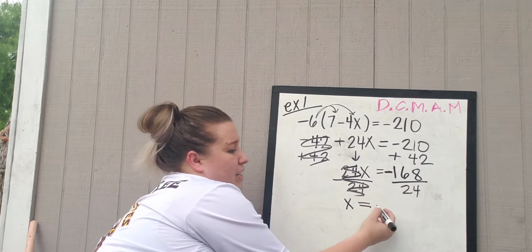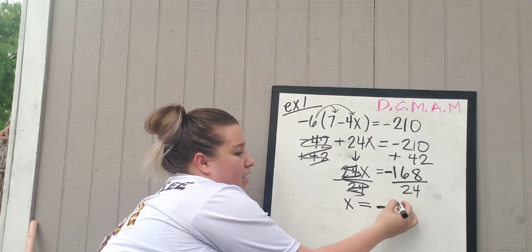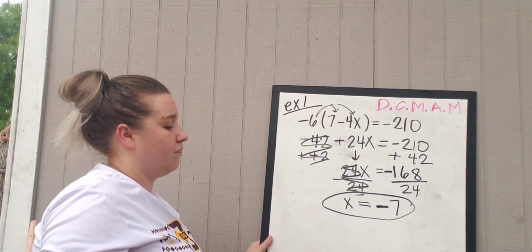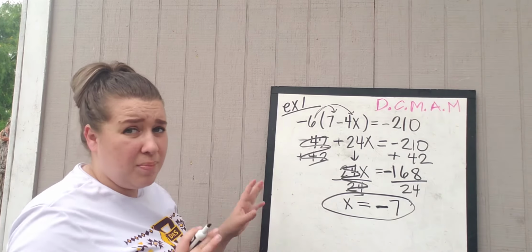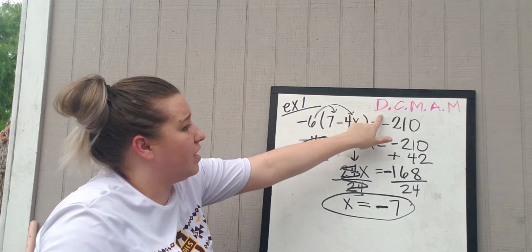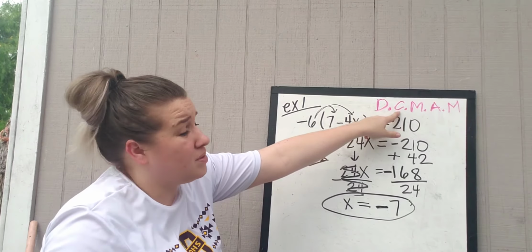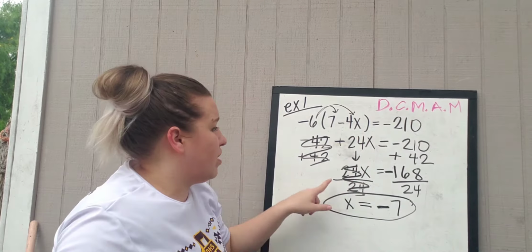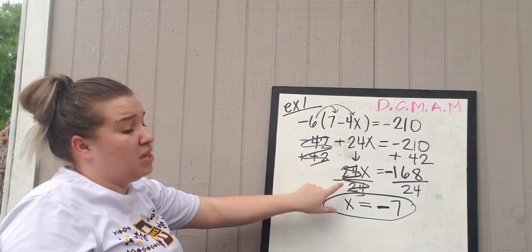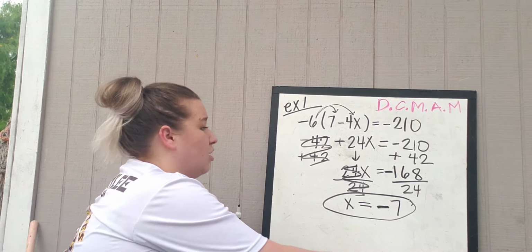A negative and a positive stays negative, so it becomes -7. So everybody write those steps down. Remember, these are what we're following. We distributed. There were no like terms. Then we add or subtract. We added 42. Then we multiply or divide. We divided. Everybody good?